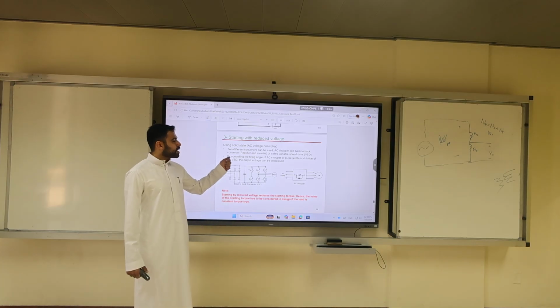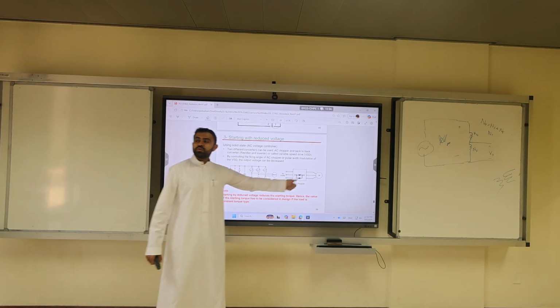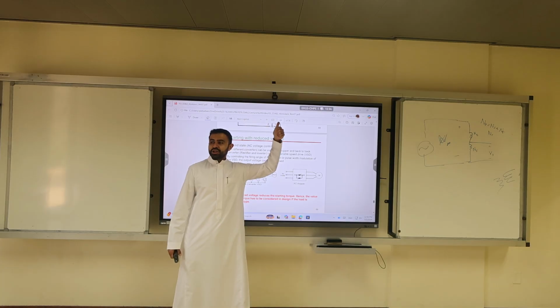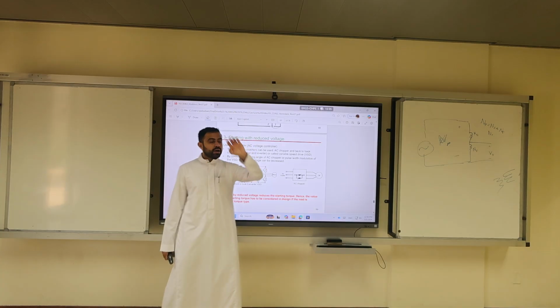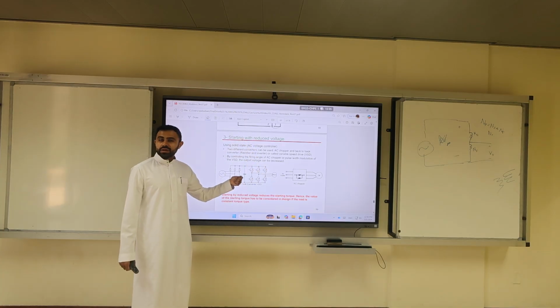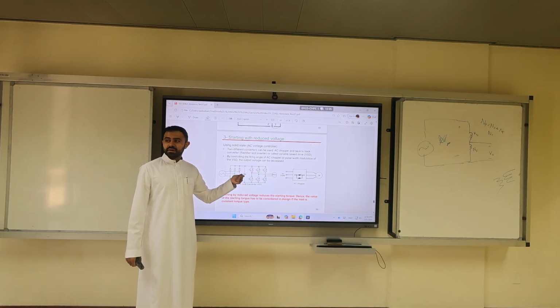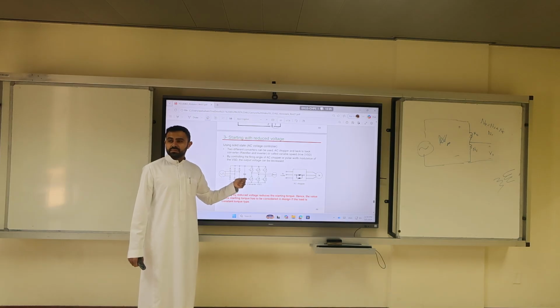Or we can use the AC chopper that we studied before. How many shapes of AC choppers do we have? Two. One using two thyristors, one using pulse width modulation. Or you use the favorite. What is the favorite? Back-to-back converter. VSD. This is your solution.